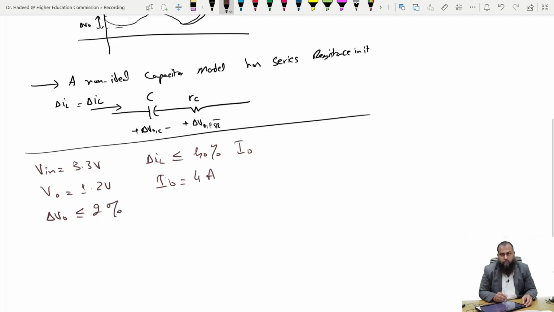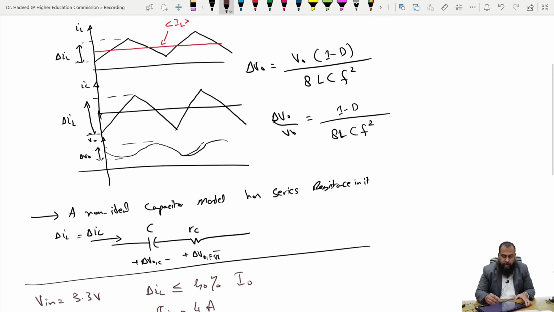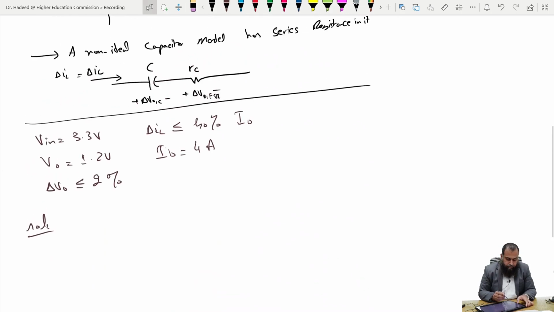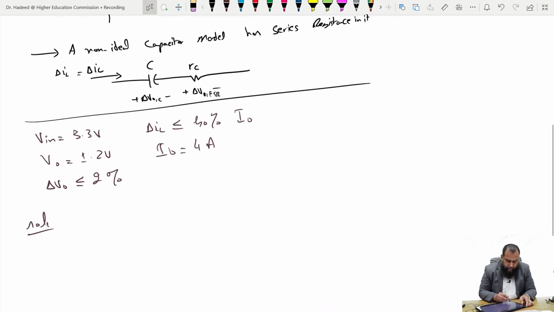So we need to now identify a few things before we can finally put in the values in this expression to find out the value of the capacitor. Based on this, the duty ratio D is equal to V naught over V in, and that turns out to be 0.364.